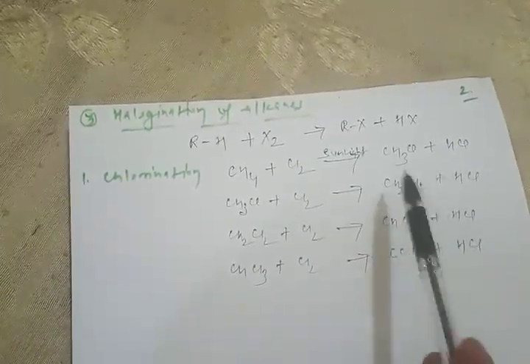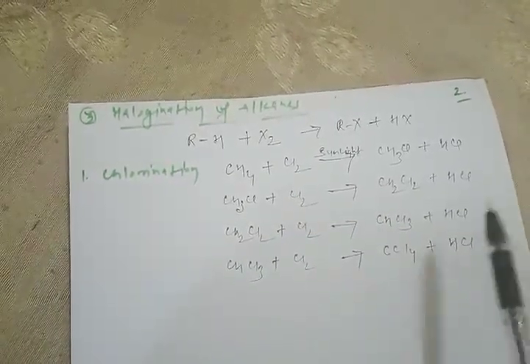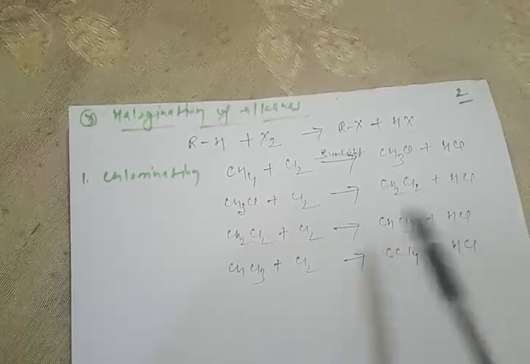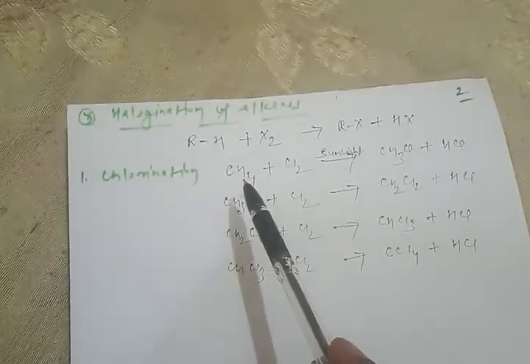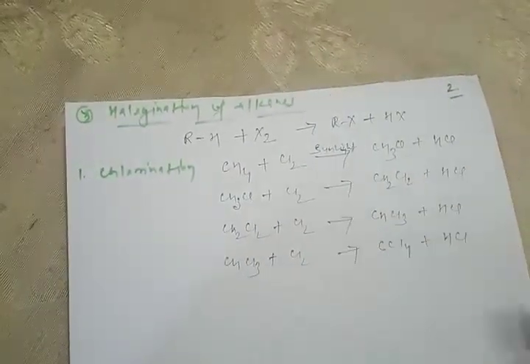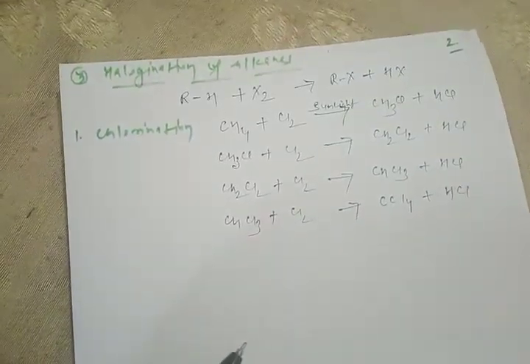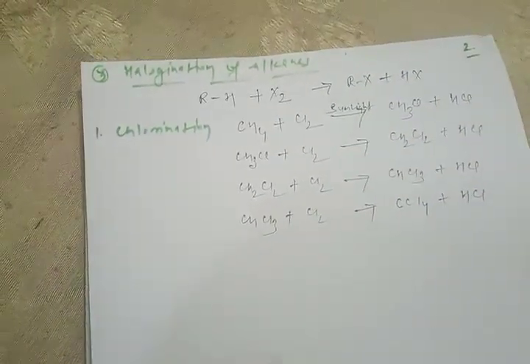You cannot isolate methyl chloride very easily, so this is a drawback of this reaction. Although this is a direct halogenation requiring nothing else, in the presence of sunlight the reaction will proceed, but we'll get a mixture of compounds, which is one of the problems with this reaction.